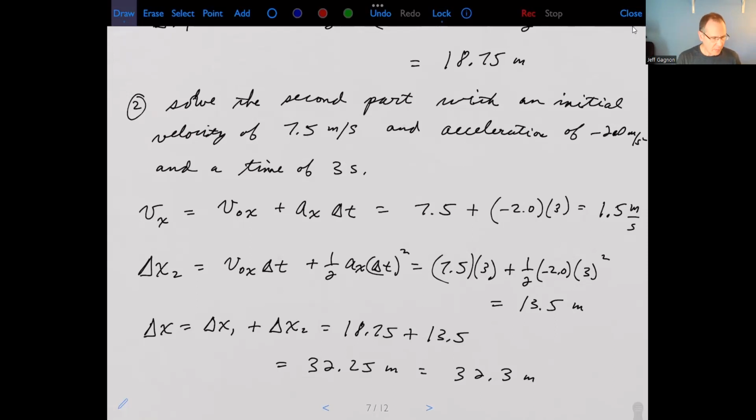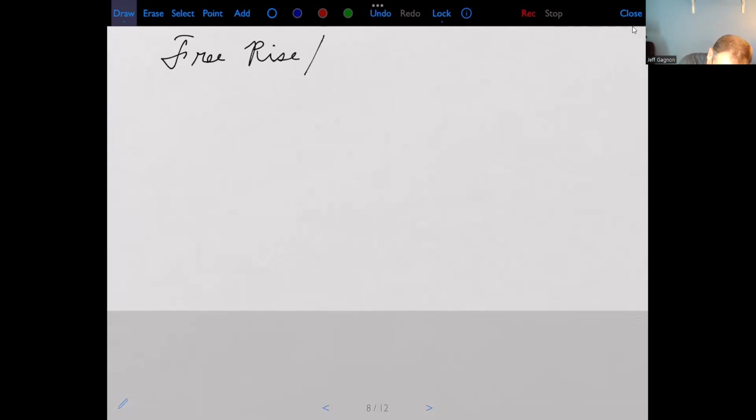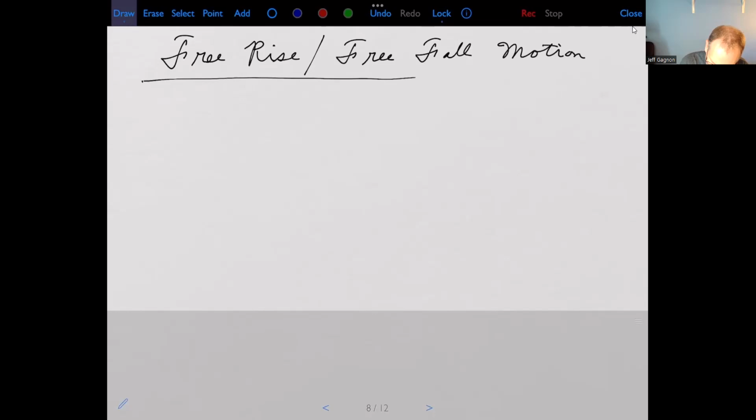Okay, let's talk a little bit about free rise, free fall motion. So let me write this down. Free rise, free fall motion. So basically, this is motion that occurs when an object is near the Earth's surface, right?